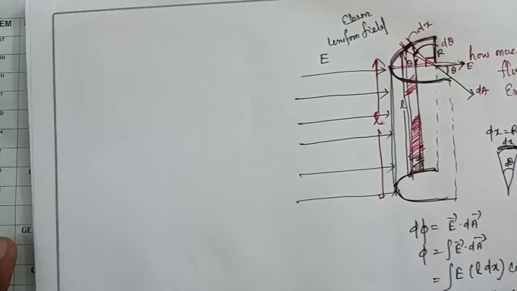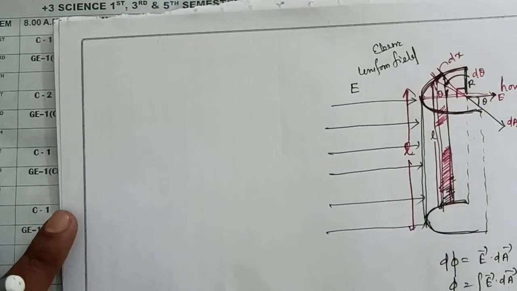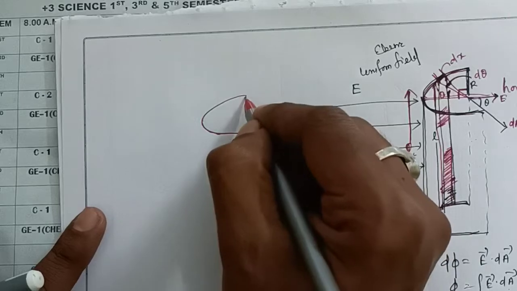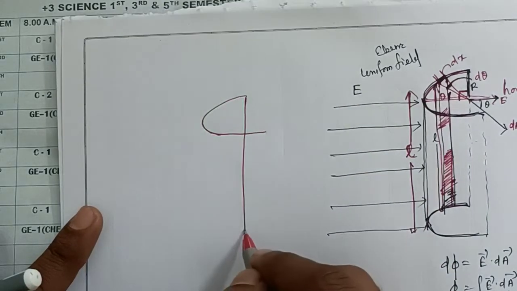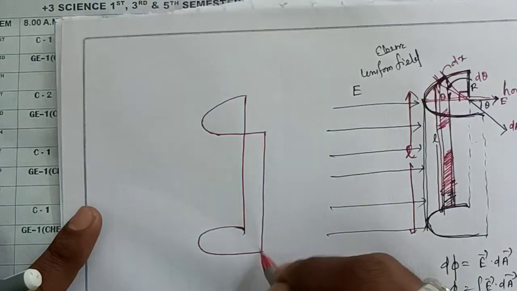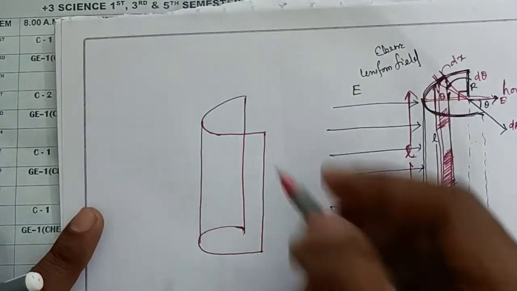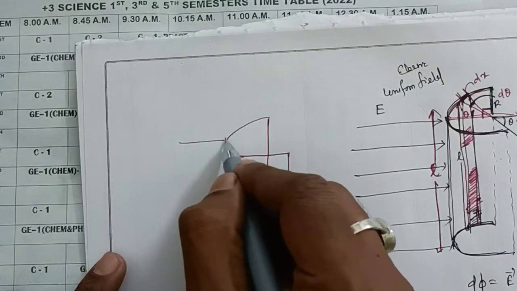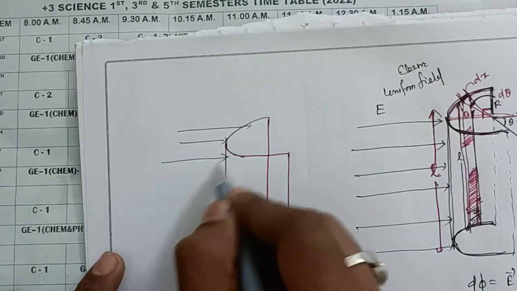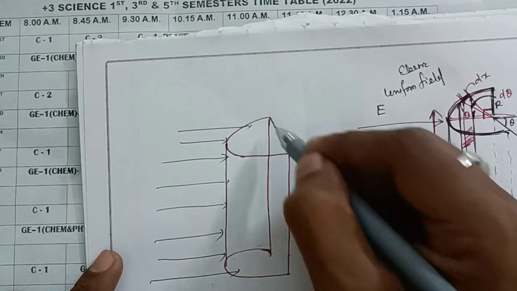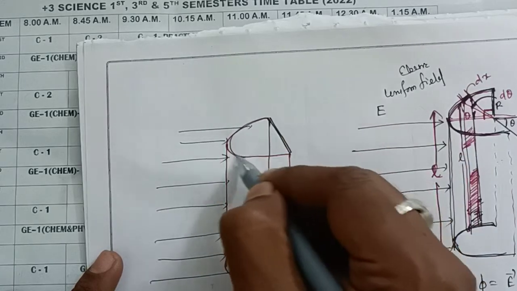If a student thinks in an alternative way, how will the student think? This is a very alternative way that one student can think, like this. The amount of field lines that are entering like this, that amount of field lines will enter through this curved surface.